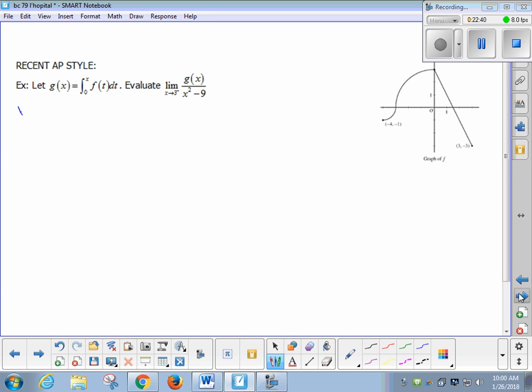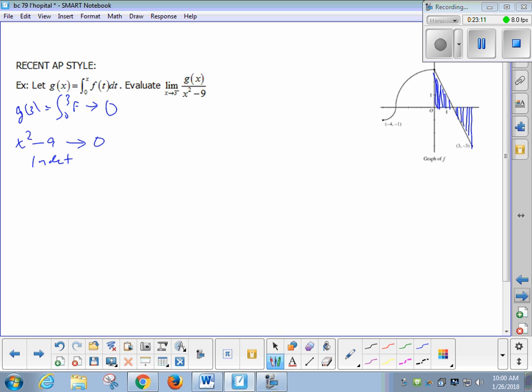As you get closer and closer to 3, think of area under the curve. What does the area accumulation approach? 0, right? Positive, negative areas knock each other out. So this goes to 0. And what about x squared minus 9? That goes to 0. So this is an indeterminate form.